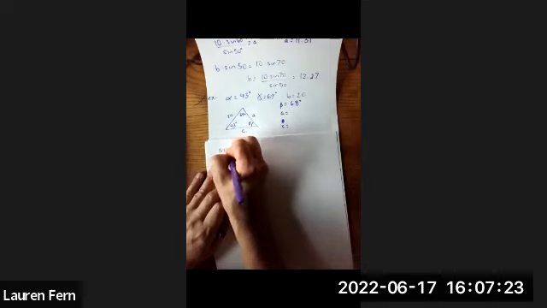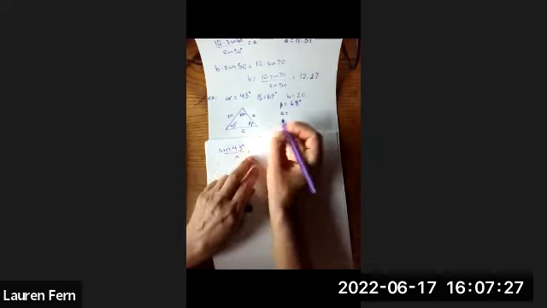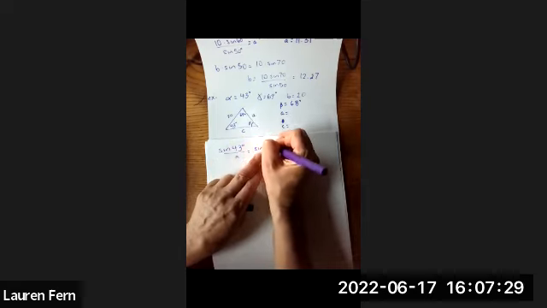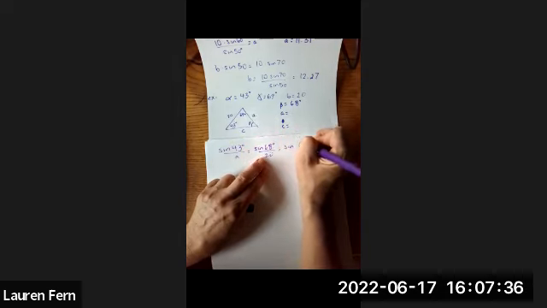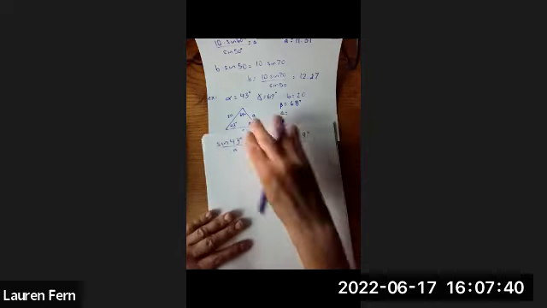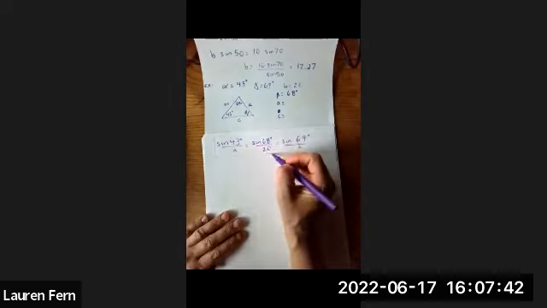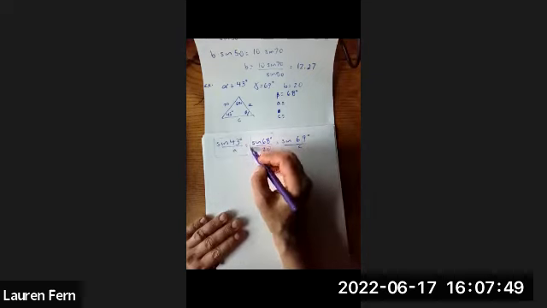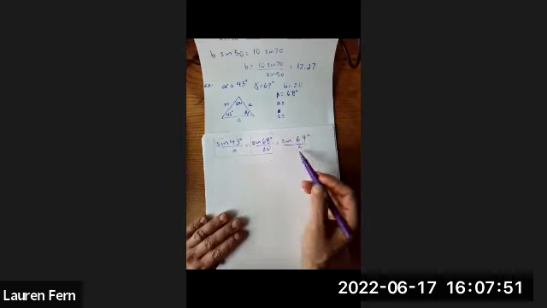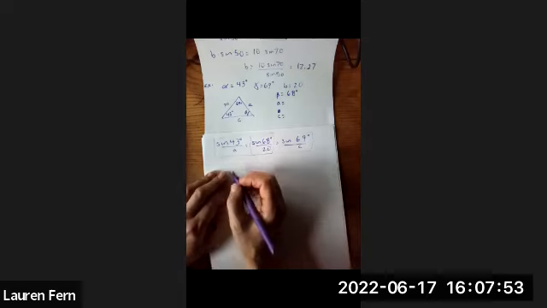I'm going to say that the sine of 43 degrees over little a is equal to the sine of 68 degrees over 20, which is the sine of 69 degrees over little c. And again, in much the same way, we can solve for side a by cross multiplying, and we can solve for c by cross multiplying.